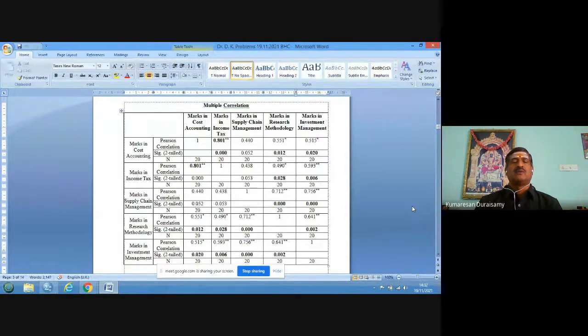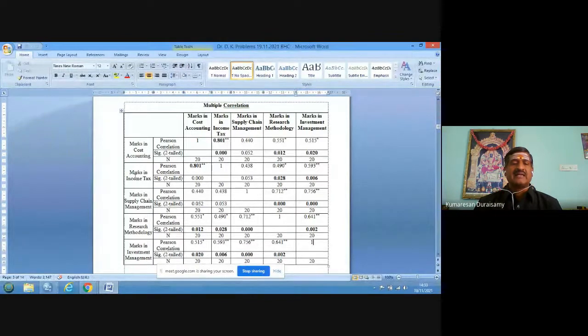Now, look at the row-wise values and column-wise values. They will be one and the same. See here, cost accounting versus income tax: coefficient of correlation 0.801.